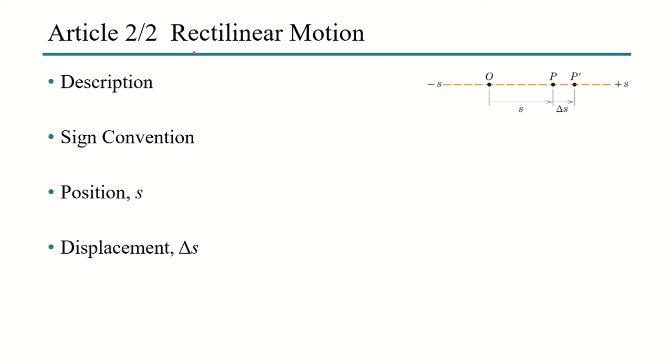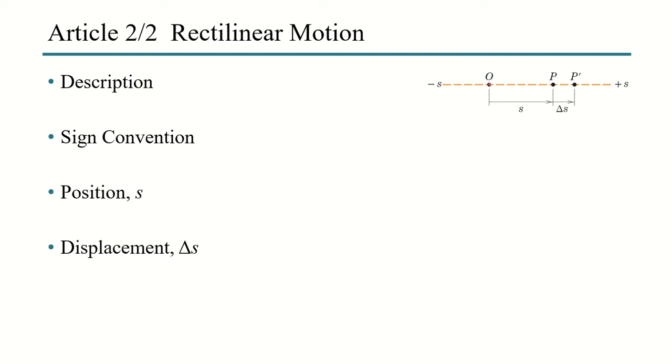All right. So now we have here the rectilinear motion. Once again, we have the 4 items that I need to do for this part. So we have to describe the basic concept about rectilinear motion, the sign convention with reference to this illustration here, the position, displacement, delta S, position S. We have here the broken line as our rectilinear path, the path where the particle will be moving.